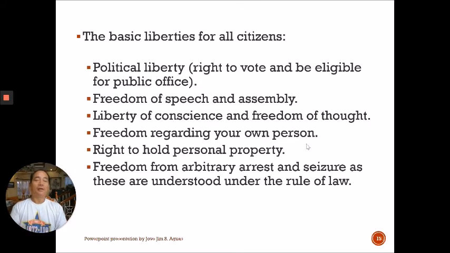The right to hold personal property, right? I already mentioned that. Then freedom from arbitrary arrest and seizure, as these are understood under the rule of law. So these are the basic liberties of citizens. Hopefully, I don't know if in our present situation now we enjoy all these basic liberties.